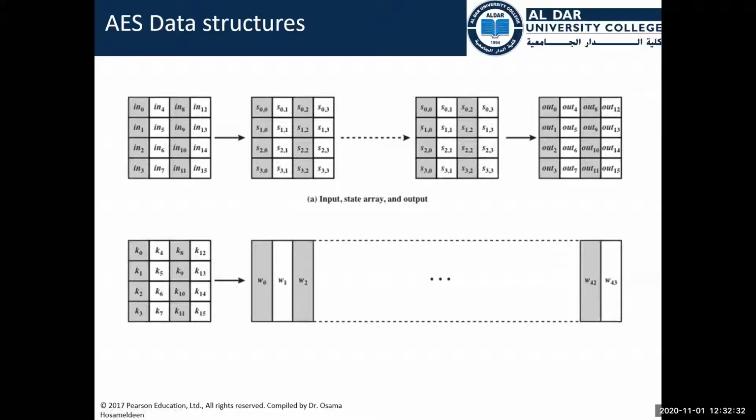It is XORed with it. So this W0 is XORed with S00 together with S10, S20, S30. And word 1 is combined or XORed with S01, S11, S21, and S31. And so on. This continues until the end of the entire data.